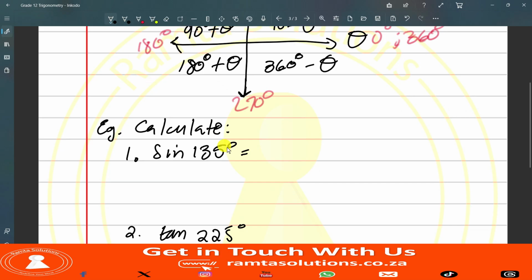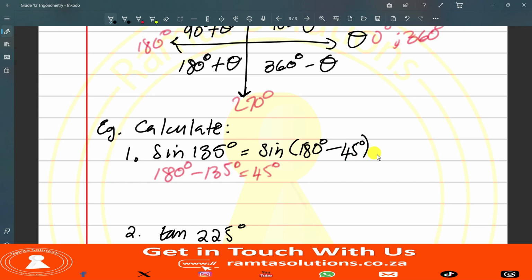In the second quadrant, we work with 180 minus. So 135 and 180, the biggest is 180. So say 180 minus 135. Your answer is 45 degrees, isn't it? Therefore, we can say this reduction formula will be 180 minus 45 degrees.